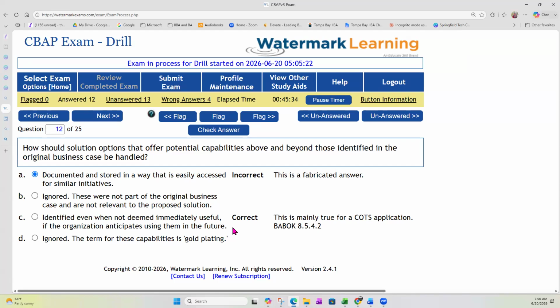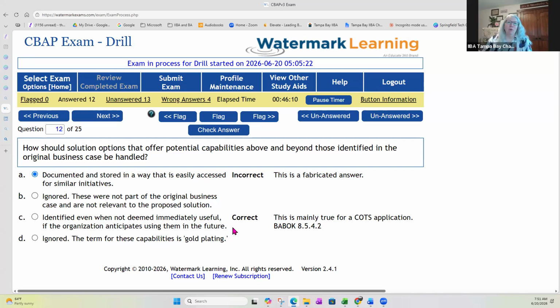So I was thinking that it is not good to ignore, but there is a difference between the documented and stored and the identified. Is it because we are kind of wasting time documenting them when we could simply write them down and not document them extensively?